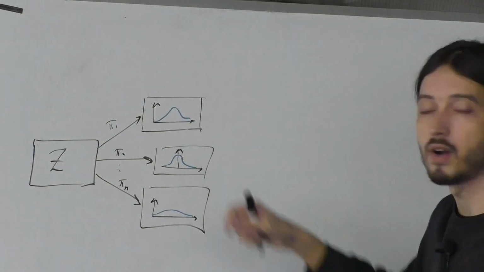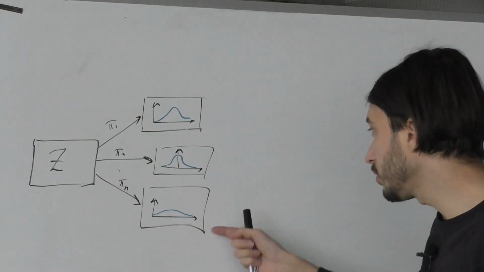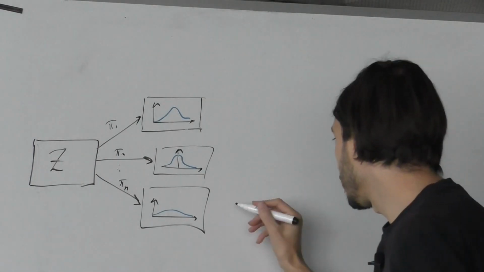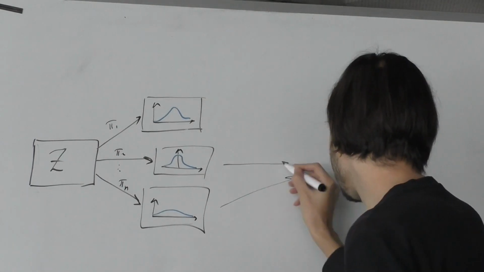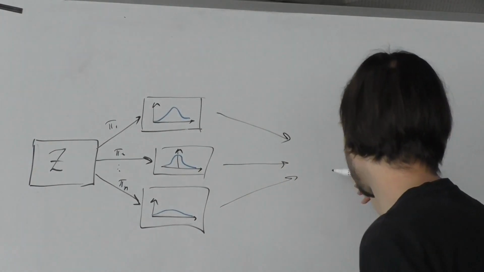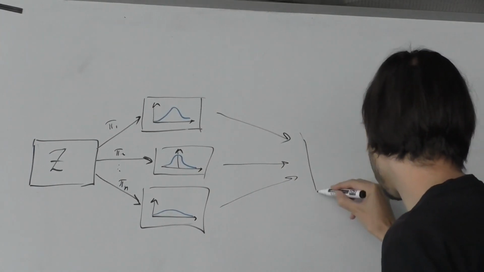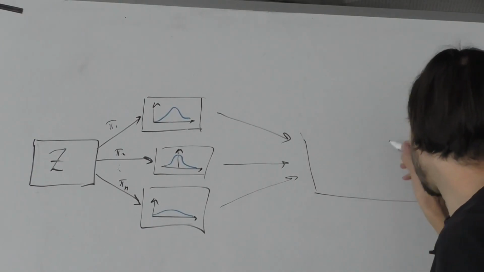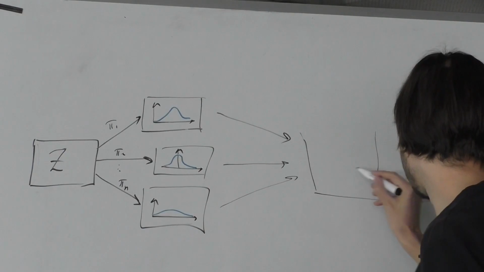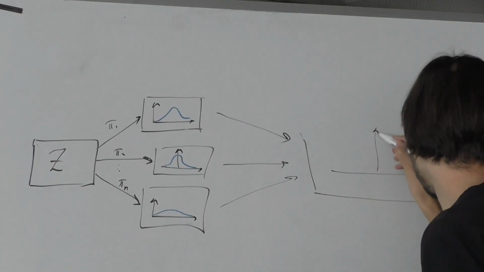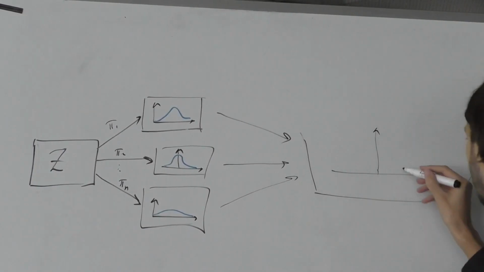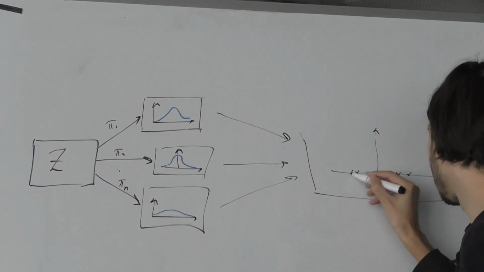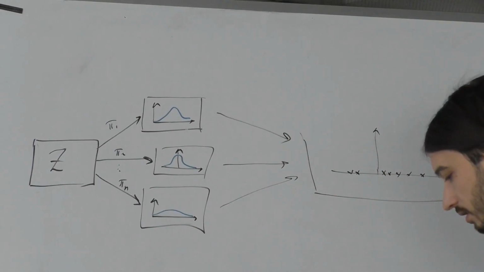So this is predefined. I have predefined all these distributions, and I get some point from them. And all these points are collected together into one big bucket. So I got some point in here, in here, in here, somewhere here, and so on and so forth.